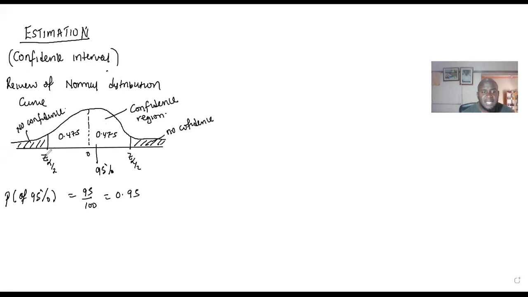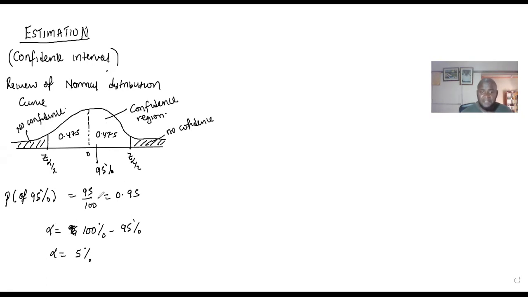Now, why are these Z alpha over 2, Z alpha over 2? It's because these shaded regions are the same. So in that case, the confidence is 95%. The maximum percentage, which is 100, minus the 95%, so the alpha becomes 5%.